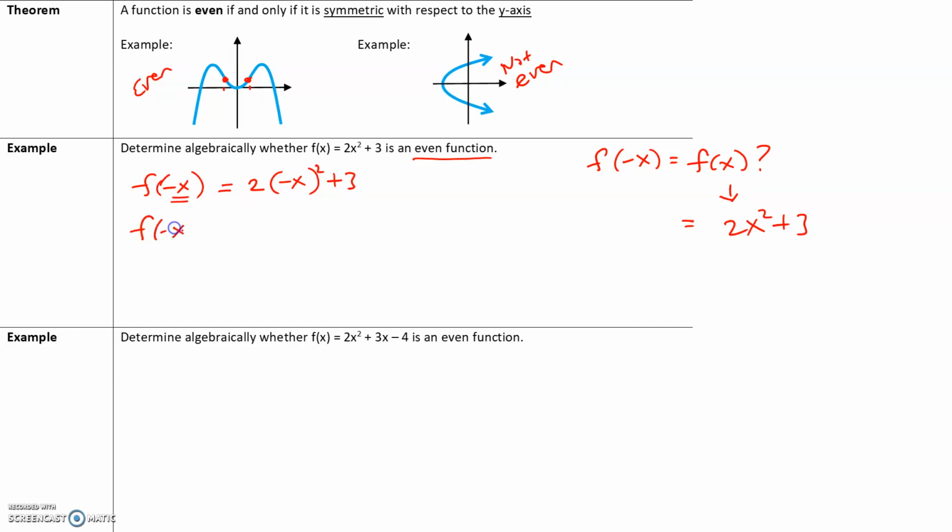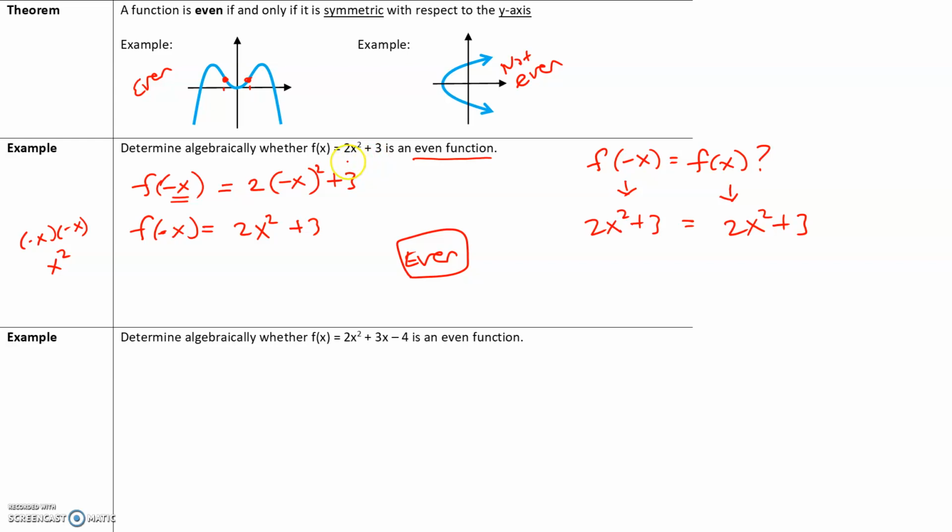Okay, so f of negative x, if you simplify this, negative x to the second power is negative x times negative x. Negative times a negative is a positive. So that's going to be x squared, and then we have plus 3. So f of negative x is equal to 2x squared plus 3. Since f of negative x equals f of x, that means the function is an even function.